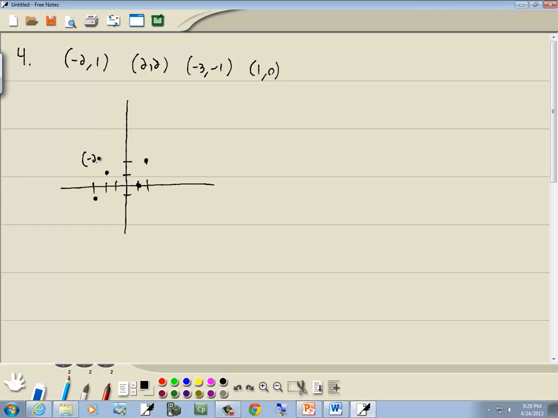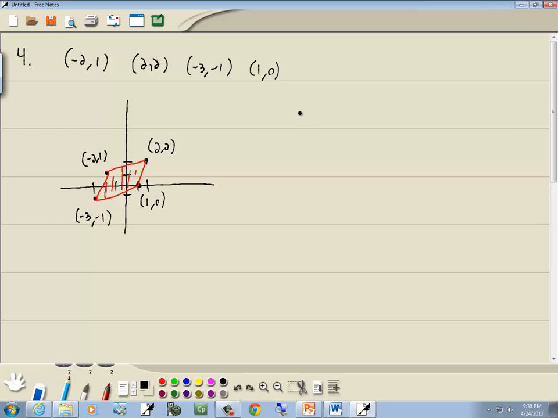So let's see, this is (-2, 1). This is (2, 2). This is (-3, -1). And this one's (1, 0). And it's a parallelogram. Not that I can draw it, but it looks like that.